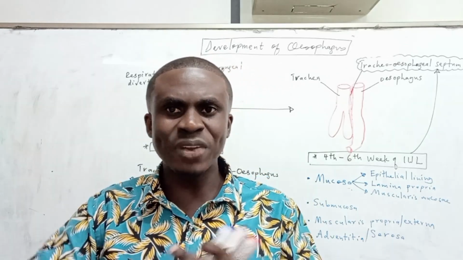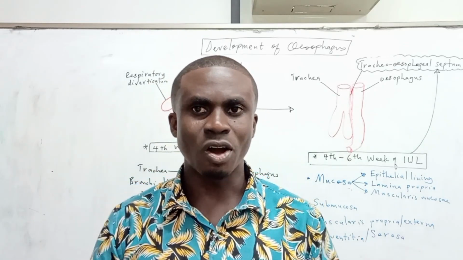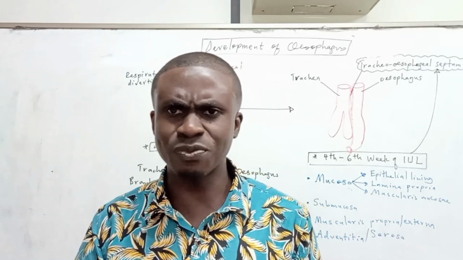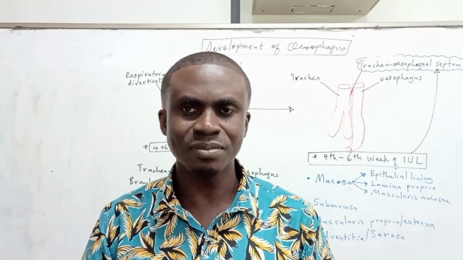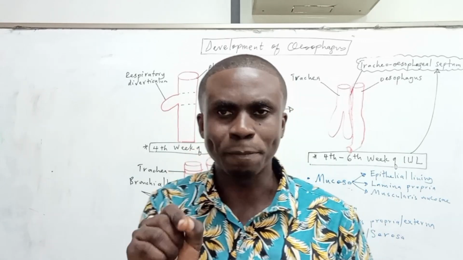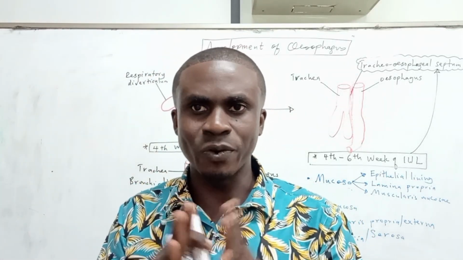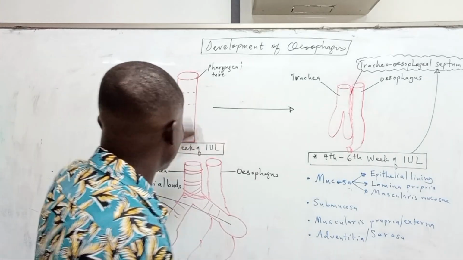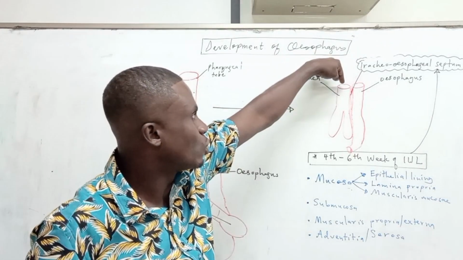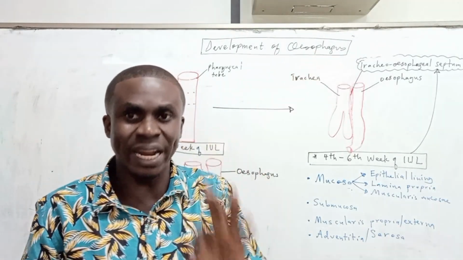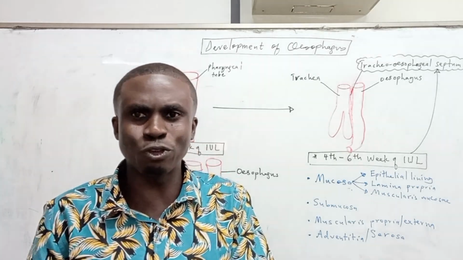Why? Because of that rapid proliferation of the cells in the wall as far as the epithelial lining is concerned. Now, these are tubular organs, so they have a central cavity by way of lumen. That's one thing I want you to become aware of.